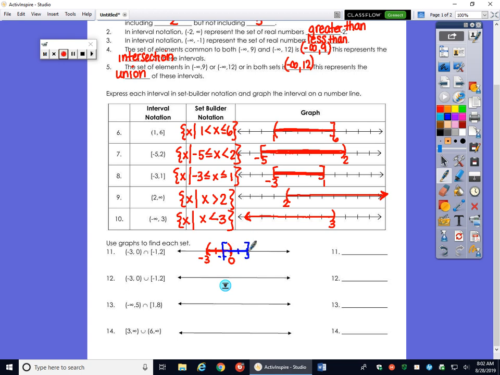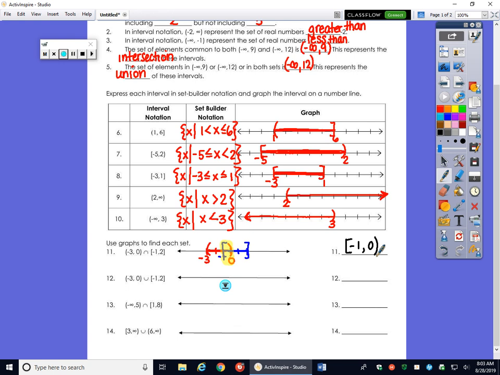So what we're looking for is the overlap because we want the intersection, which is just this little piece right here. So our actual answer is going to be a bracket, negative 1 to 0. This is the only part where they're overlapping. So you want the green and the red and the blue. And we're going to 0 with a bracket, okay?